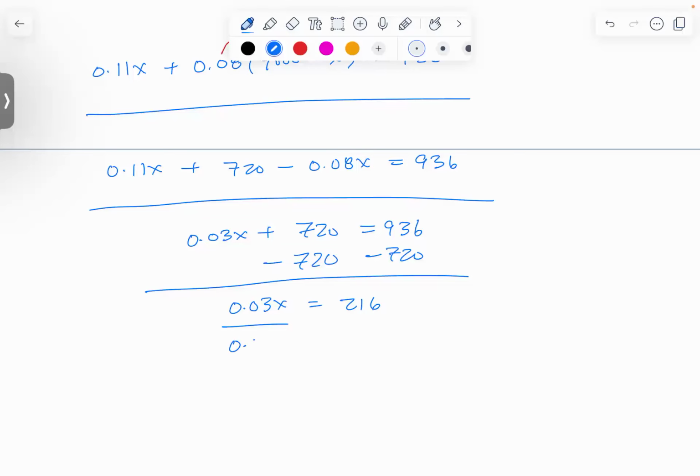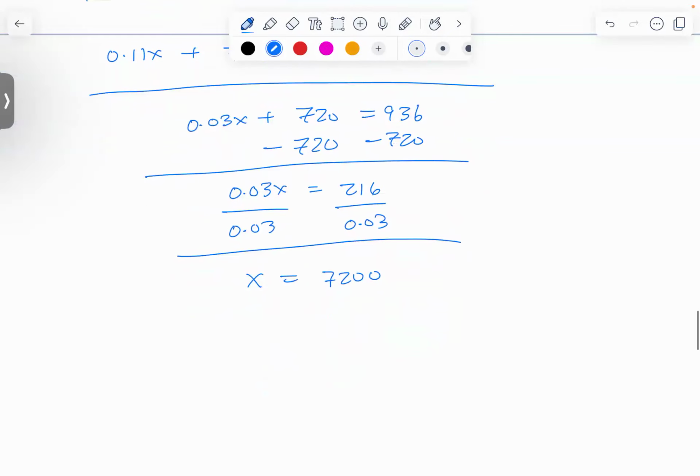Gives 216 divided by 0.03 gives us 7,200. And then again, this is dollars.